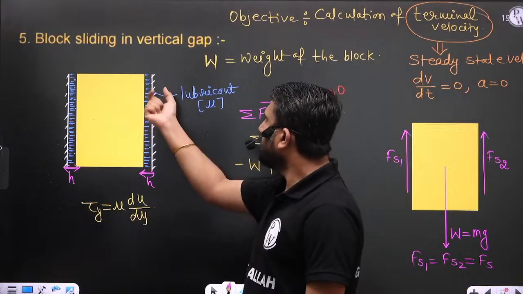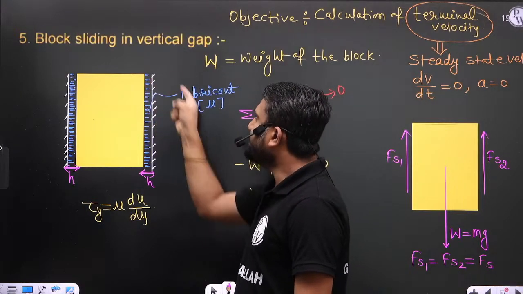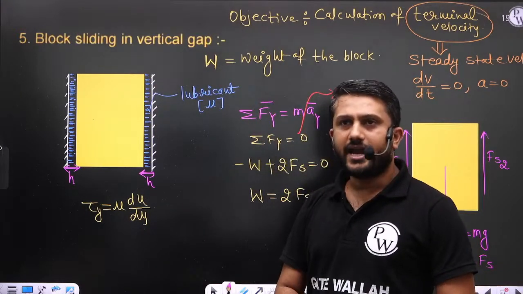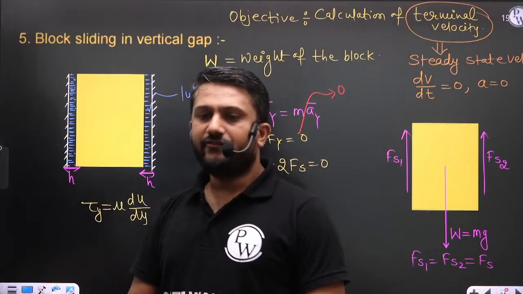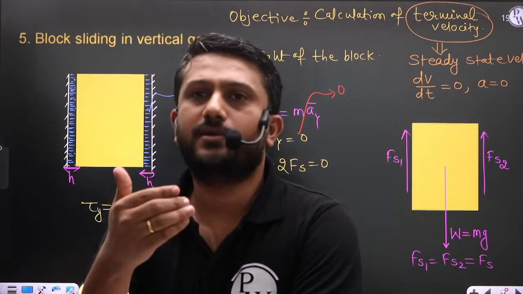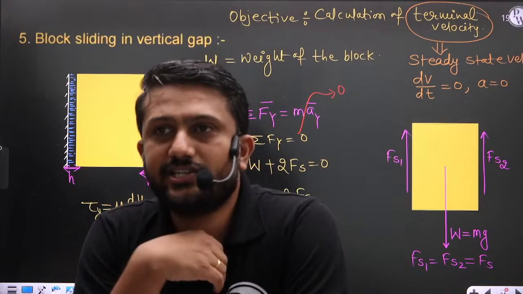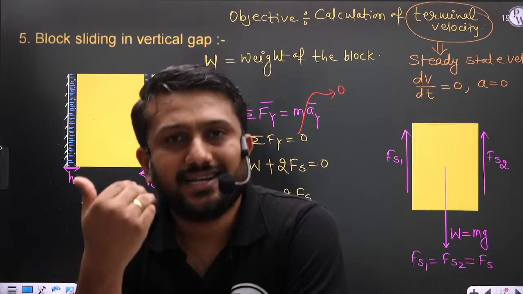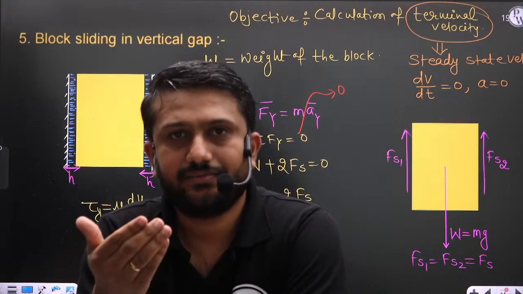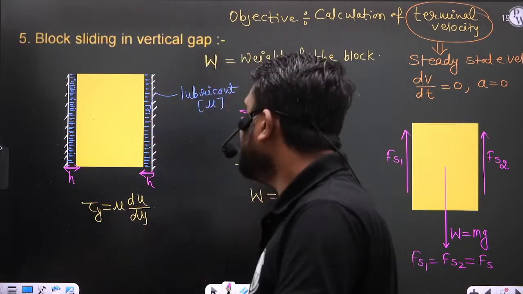And I already told you, if velocity variation is not mentioned in the problem, then consider linear variation.